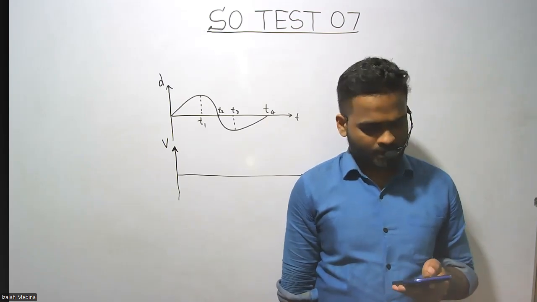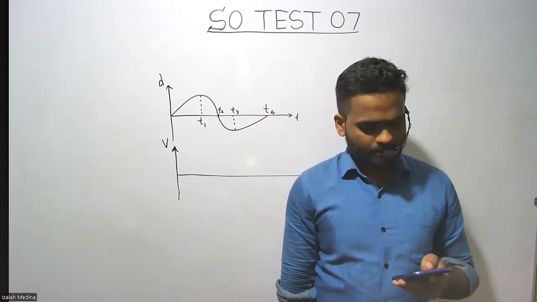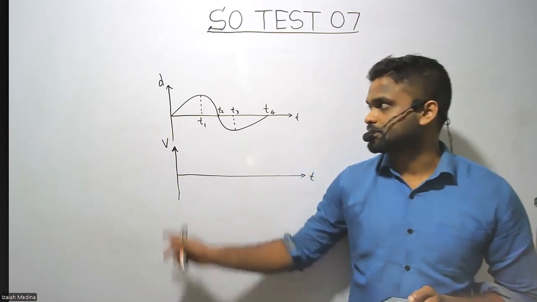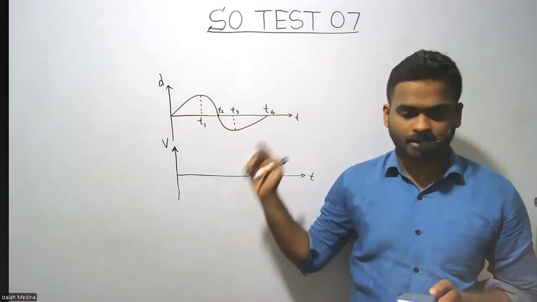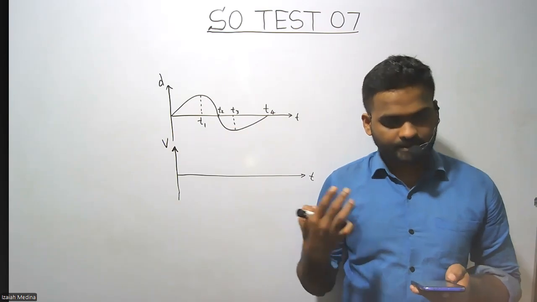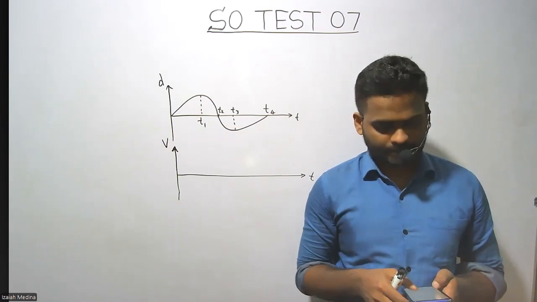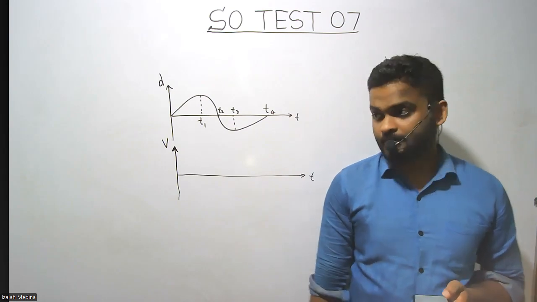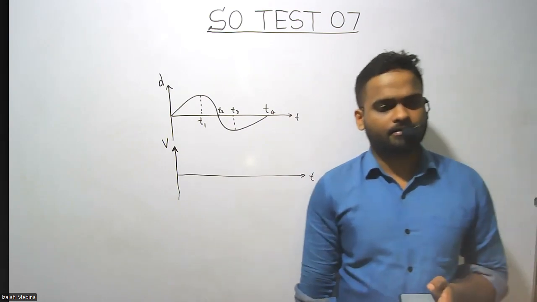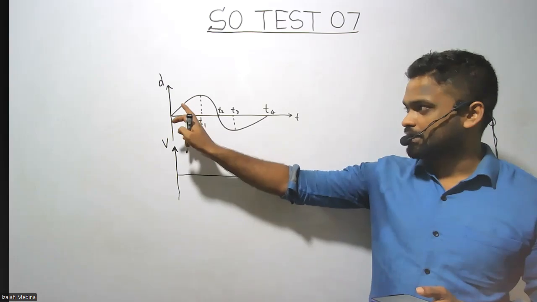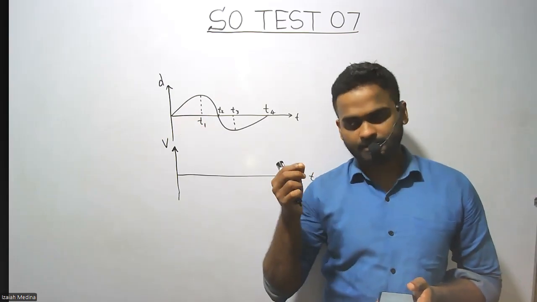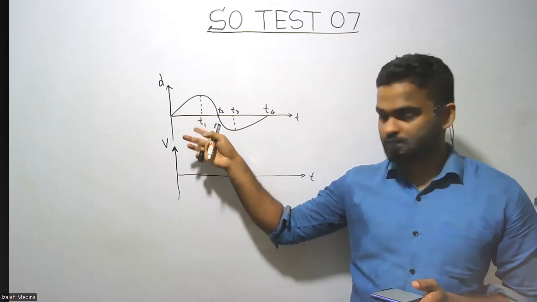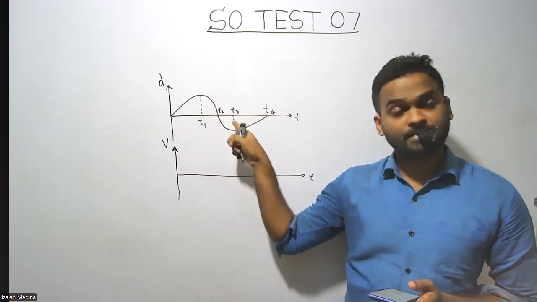Fifth question. Displacement time graph of motion of an object is shown below. So this is a displacement time graph. They are asking which options are correct. The thing is, it is somewhat complicated to think about acceleration using a displacement time graph.